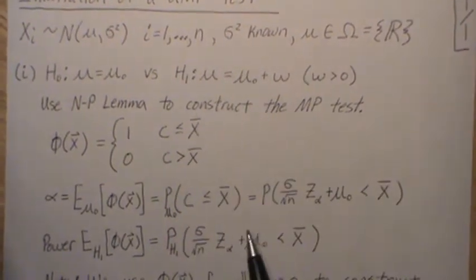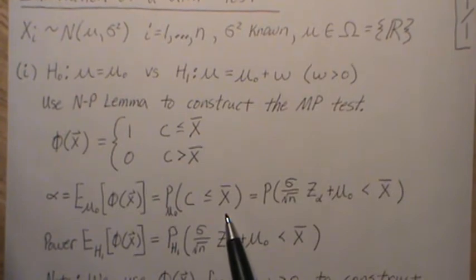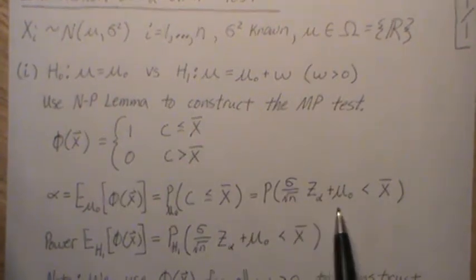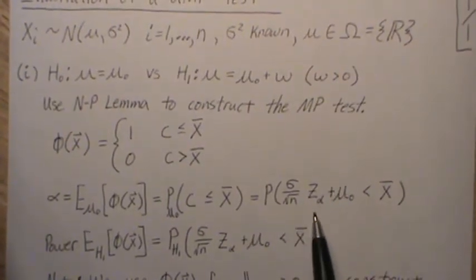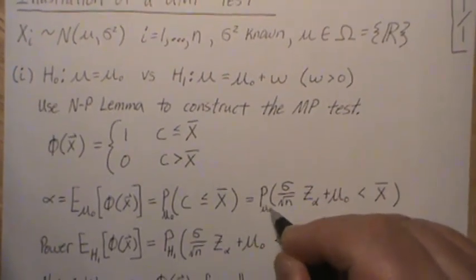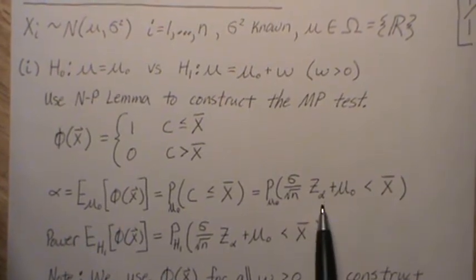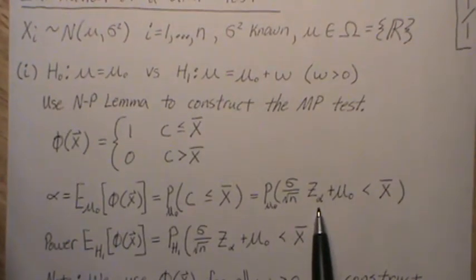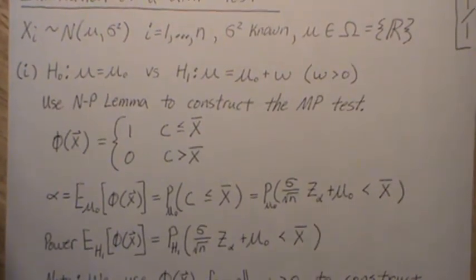And then we can show, since x bar is a normal random variable, that the cutoff value is this, where z alpha is the cutoff in the standard normal distribution that makes that tail area alpha.